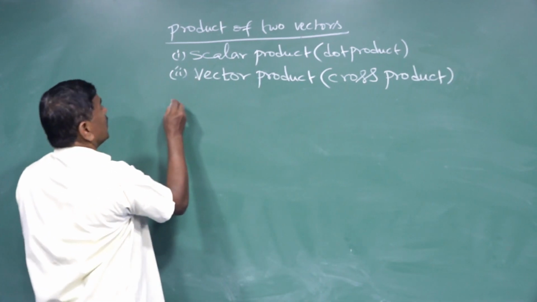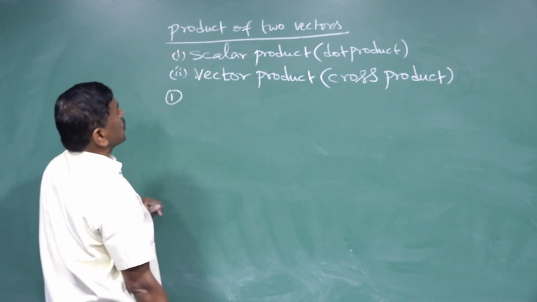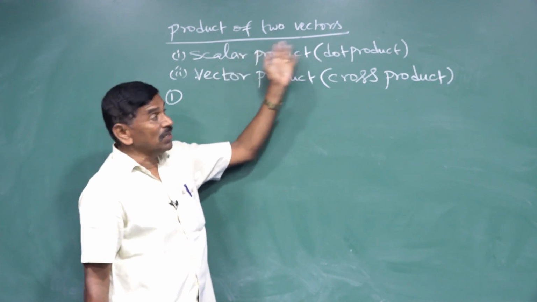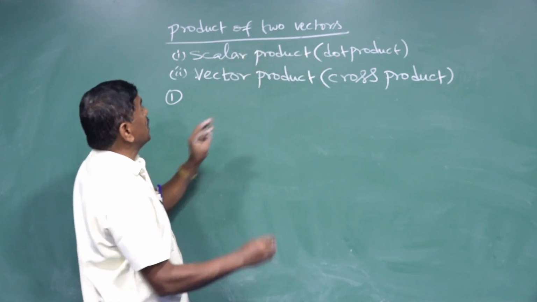Now, listen. First one is the definition of scalar product, that is the dot product.